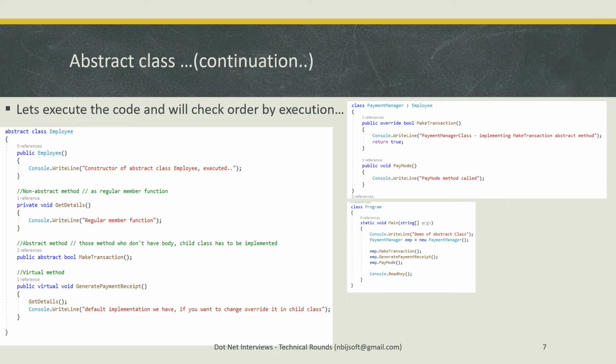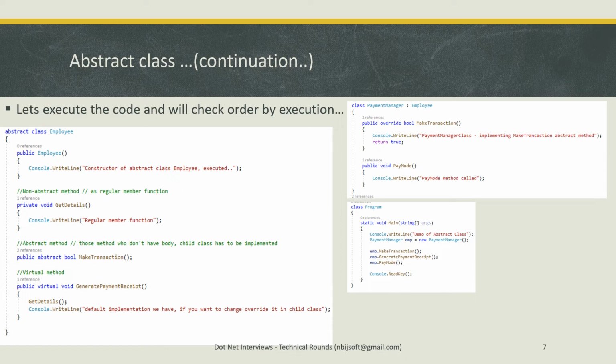But before that, whenever you create an object, it's the responsibility of the child class to execute the constructor of the parent class. The parent class is Employee. So the first line, after the demo of abstract class, will definitely print the constructor, and after that it will print "PaymentManager class", that is MakeTransactions implementing its method.